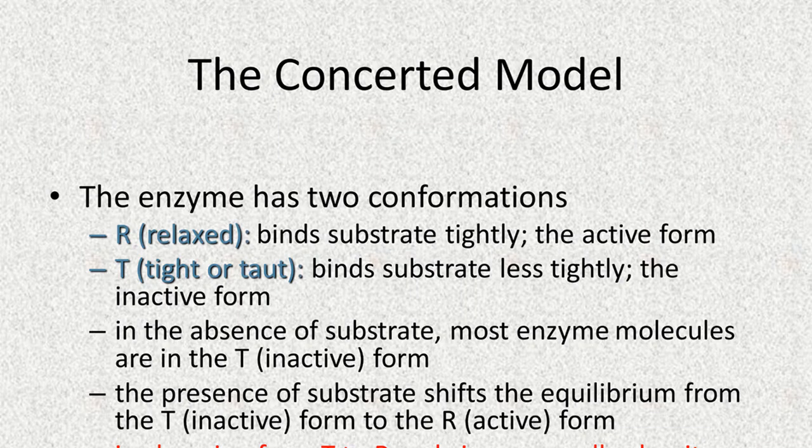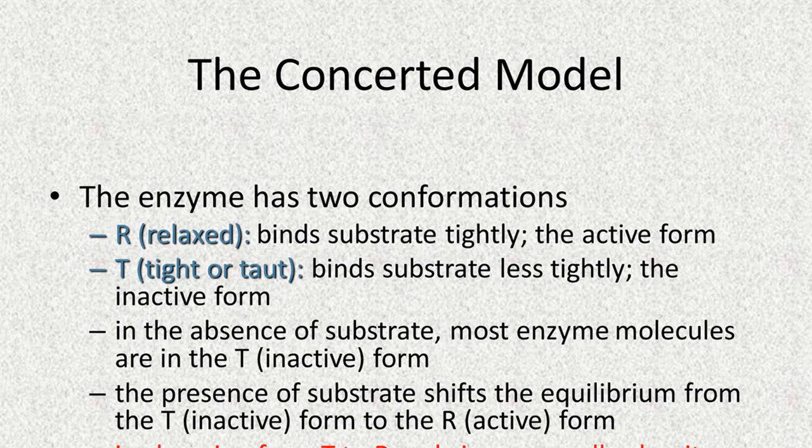Usually for the concerted model, in the absence of its ligand, the protein is in its T form. The presence of the ligand will shift it from the T form to the R form, and I'll show what I mean by that in just a moment with a picture.